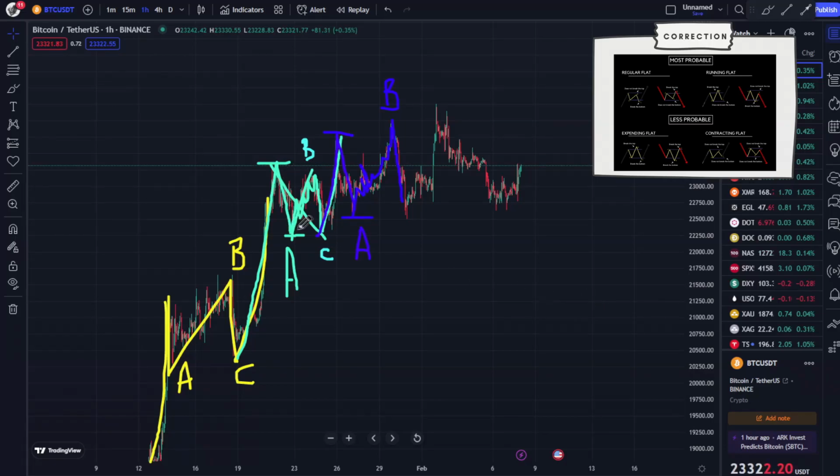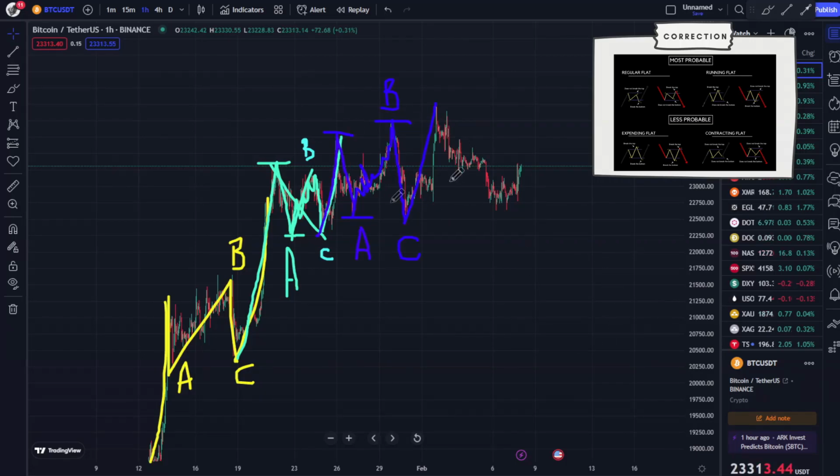But again, just like the contracting, in some cases you see this pattern coming and breaking the A, but also breaking the top, which is what we call an expanding. So in that case it could be an expanding, because it breaks the bottom of the A move. And if that's the case, then this is the C wave, and we're going to expect another impulse to come and retest the top.